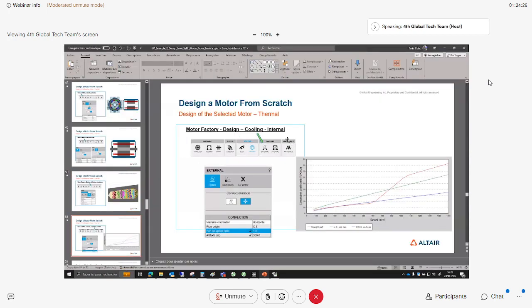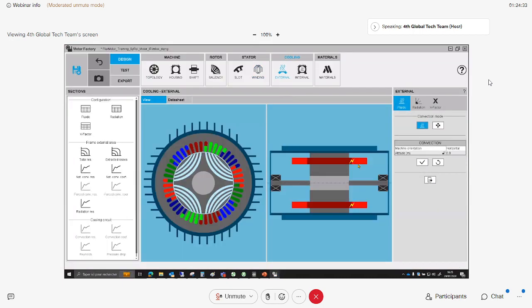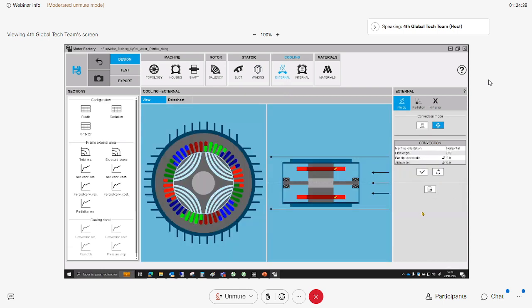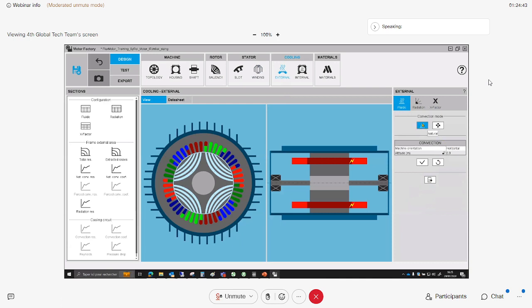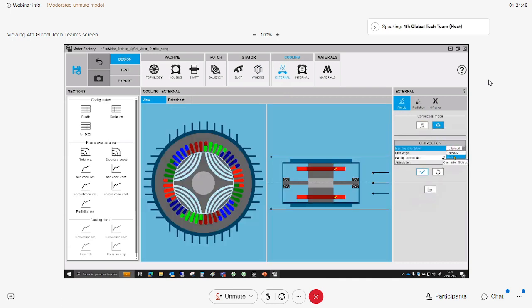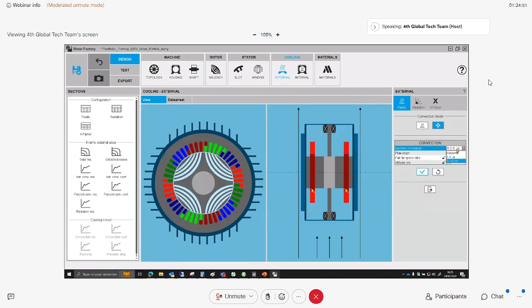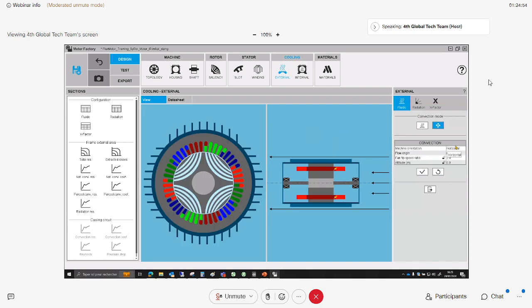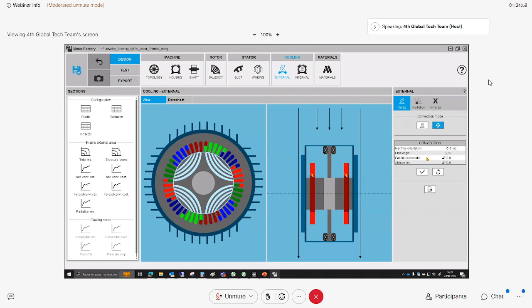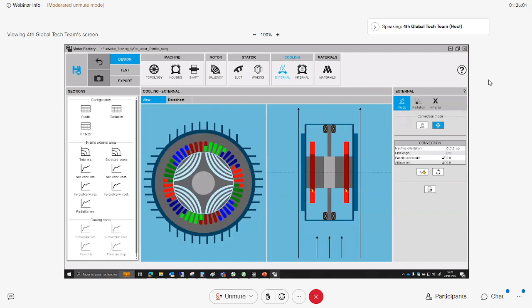Then you have external cooling, right? For external cooling, you can choose first natural convection or forced convection. In both cases, you have to indicate how the machine is oriented. Is it horizontal? Is the cooling from the top or here?